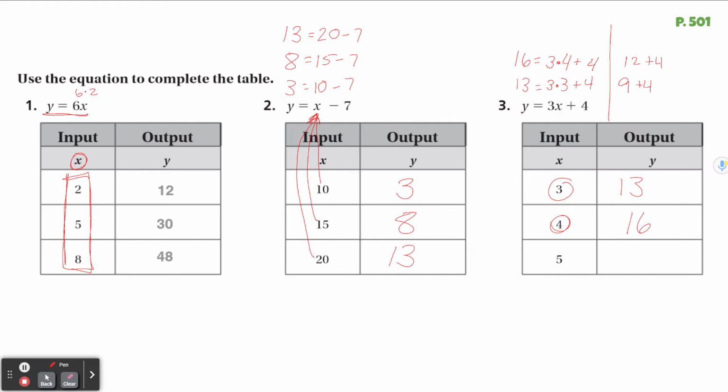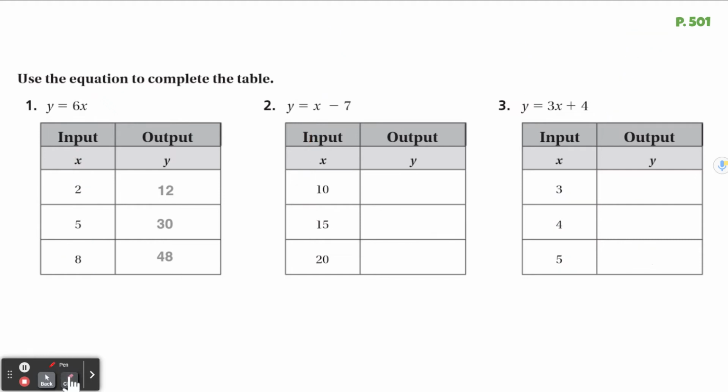All right, the very last one we're going to do for this problem set is the 5. So we have 3 times 5 and then the plus 4. So 3 times 5 is 15. And then 15 plus 4 is 19. So our last output is 19.